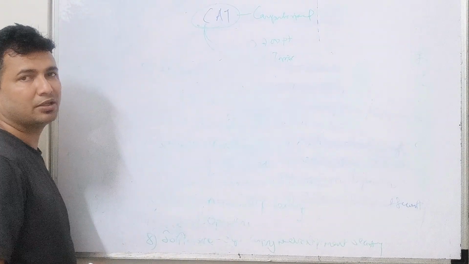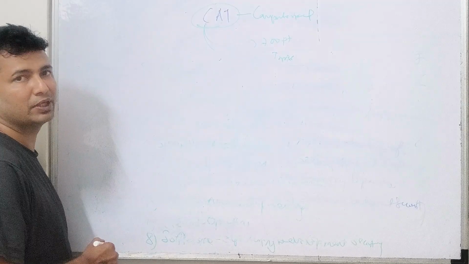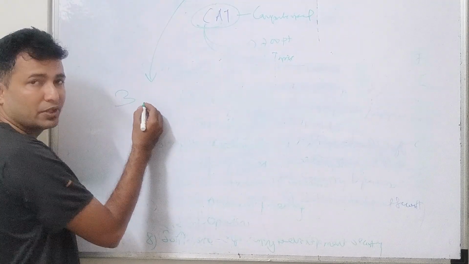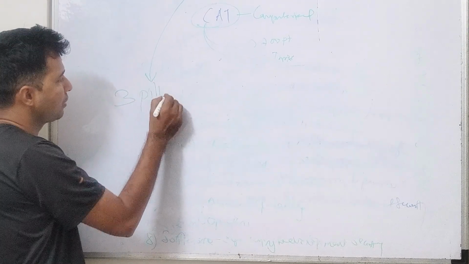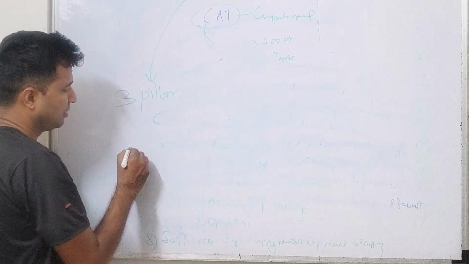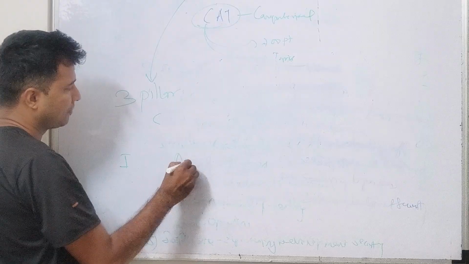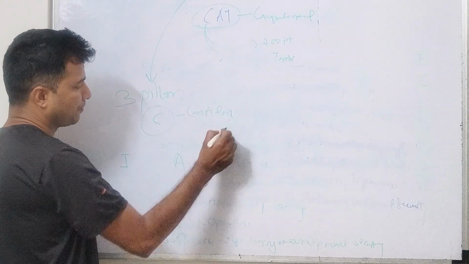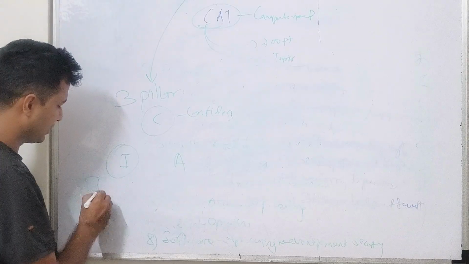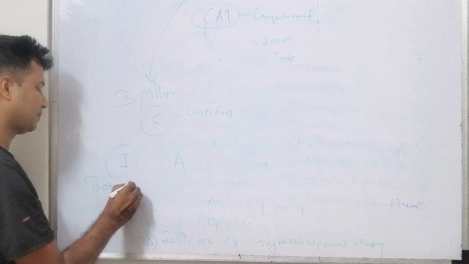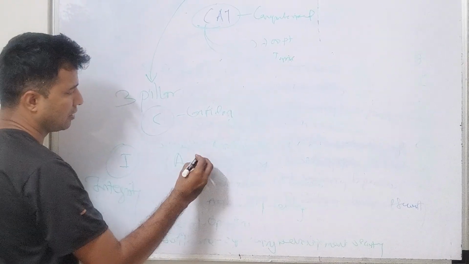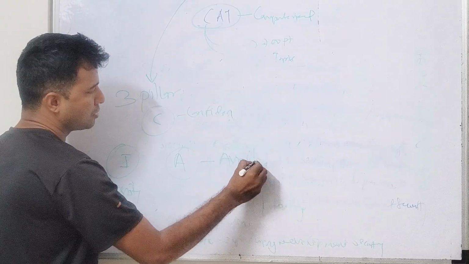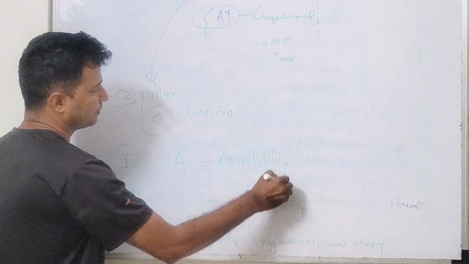For CISSP security, we consider 3 pillars of security, that is CIA. C refers to confidentiality, I refers to integrity, A refers to availability.